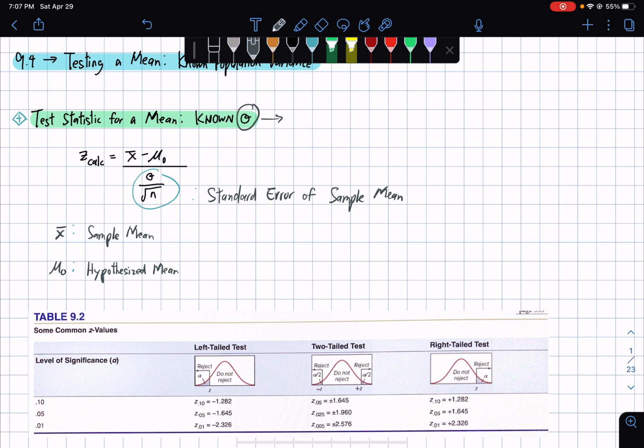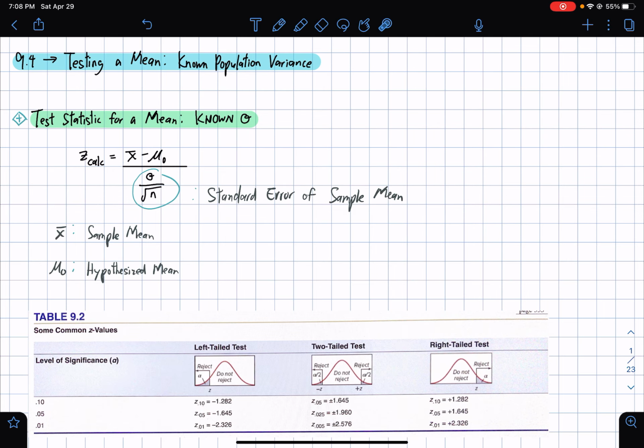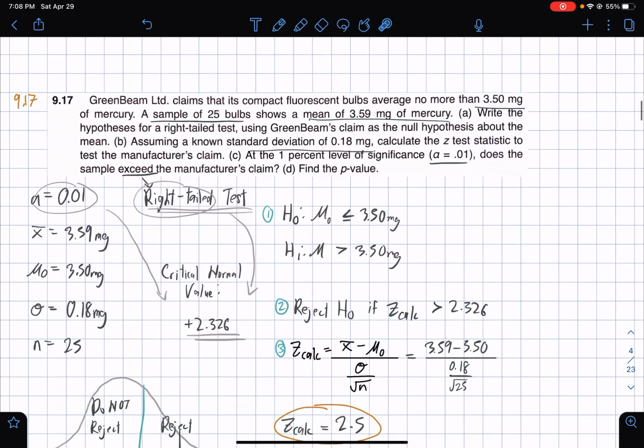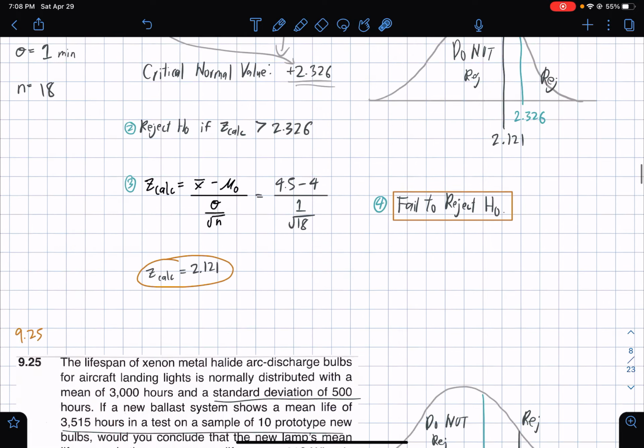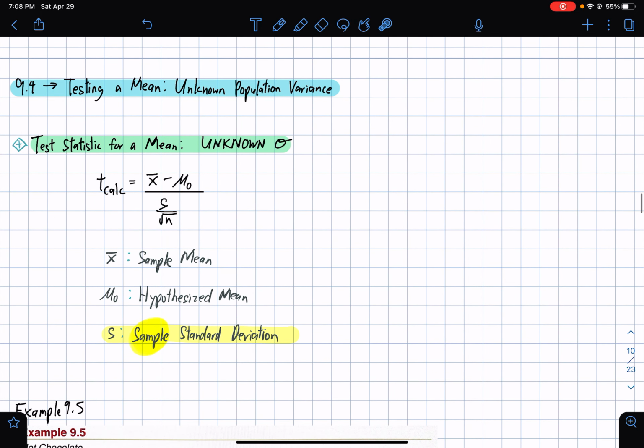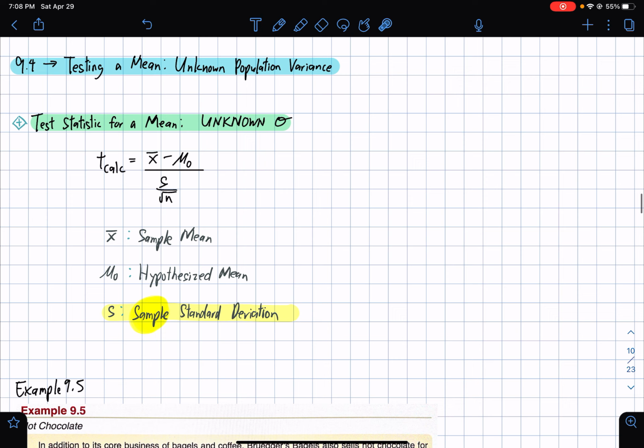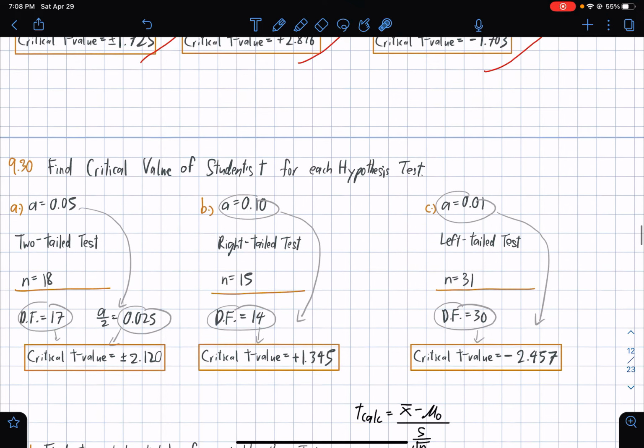This symbol, I call it the onion symbol because it looks like an onion, just to make things easier. And there's another formula that's used wherein the onion symbol is unknown. This time we replace the onion symbol here with S, that is the sample standard deviation.